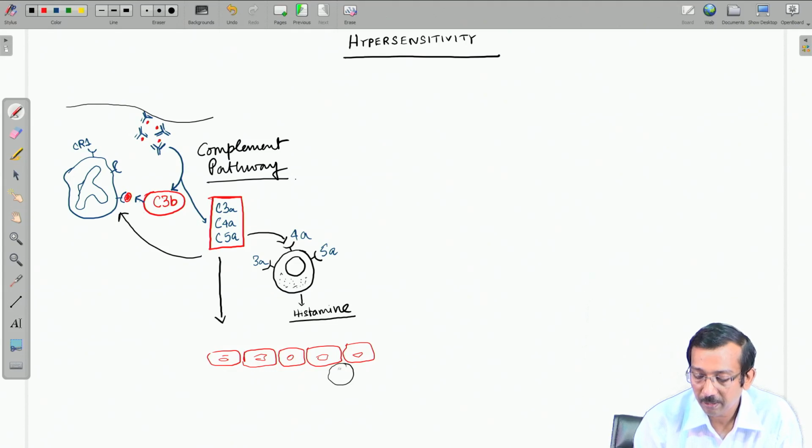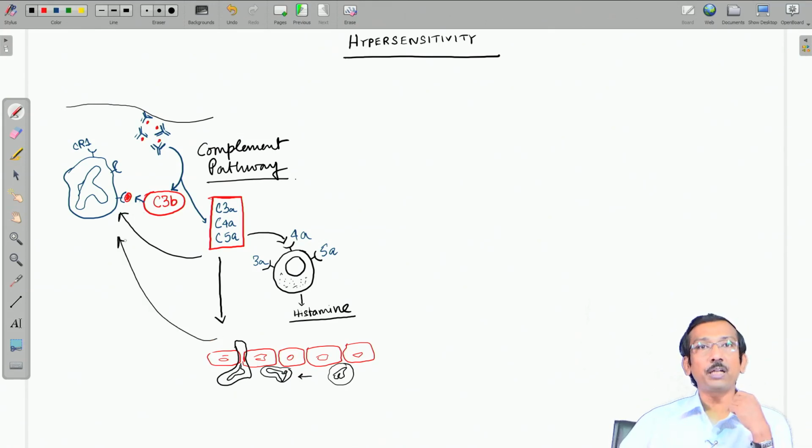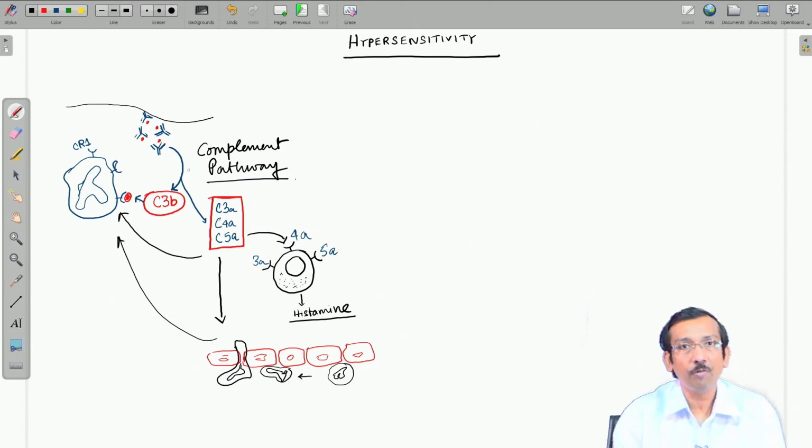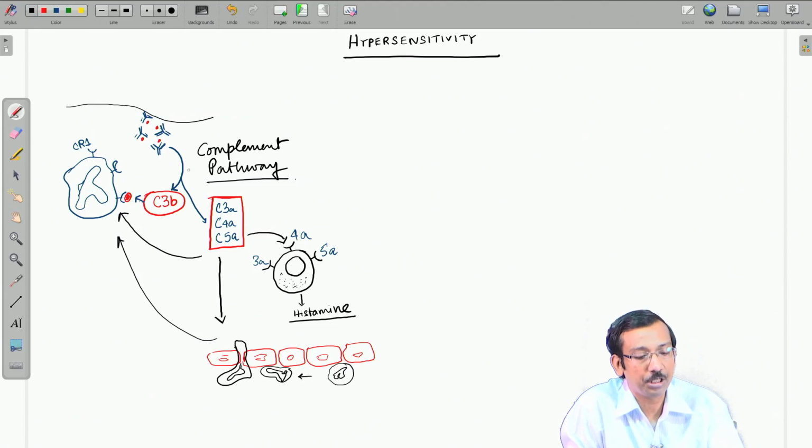We have learned about neutrophil migration as well: there is rolling, activation, and then migration of the neutrophils to the site of action.